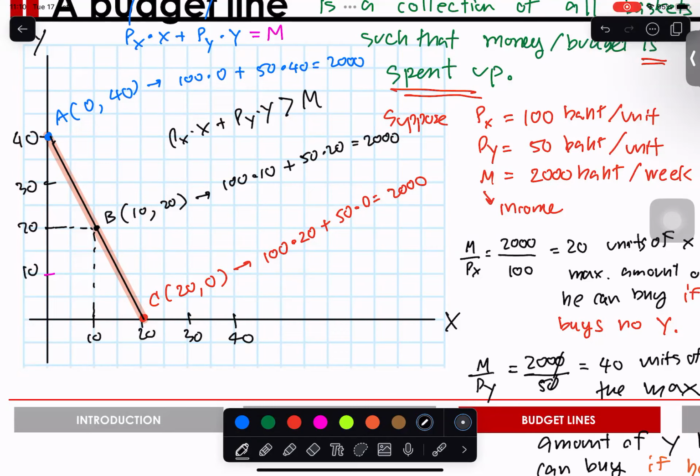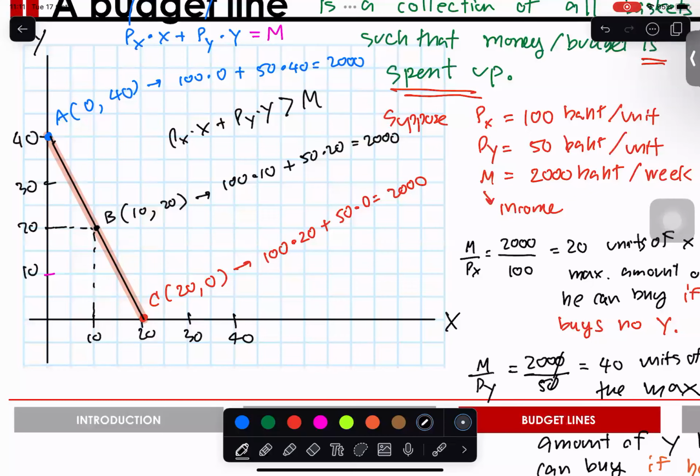So we learned that once you create this line, it becomes his frontier. He cannot buy any basket outside his budget line. It's beyond his income, 2,000. He cannot afford it. So the budget line already tells this: in this space, what he can buy, what he cannot.